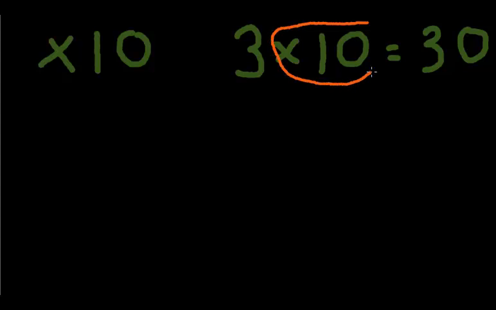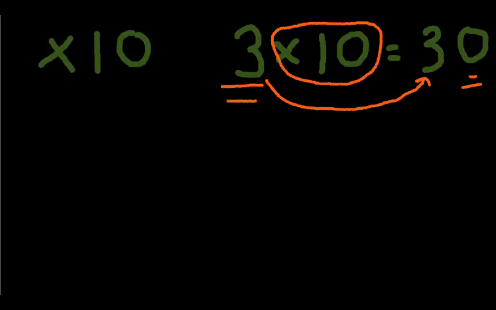So we're going to circle the times 10 because that's the rule we're using. The action is on the 3, and we took the 3, we rewrote it, and then we added a 0 on the end. So that was our multiplication rule for times 10.